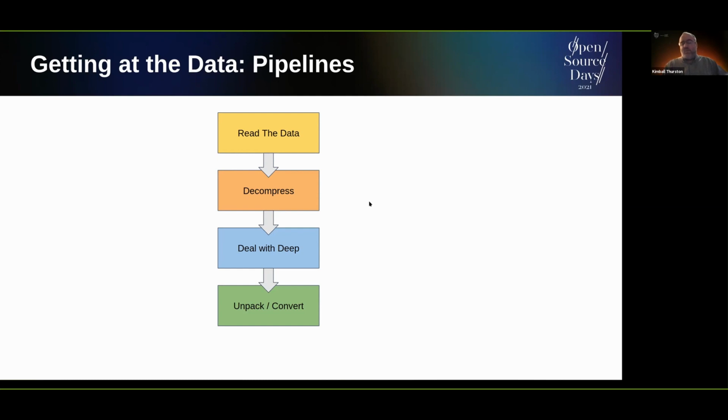Two is decompress if it's compressed. Three, there's a step to allow you to realloc based on what kind of deep data there is, if you have a deep file or deep part. And then finally a step to unpack and convert into whatever format you so choose.